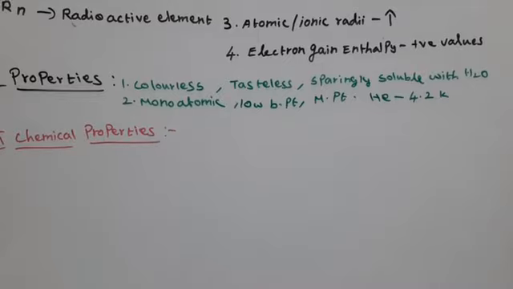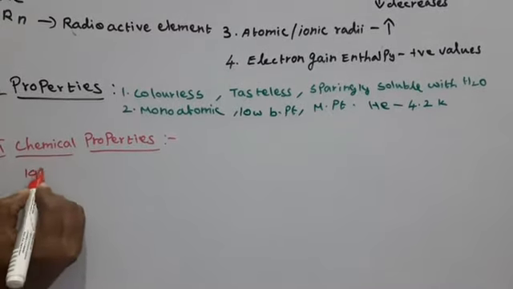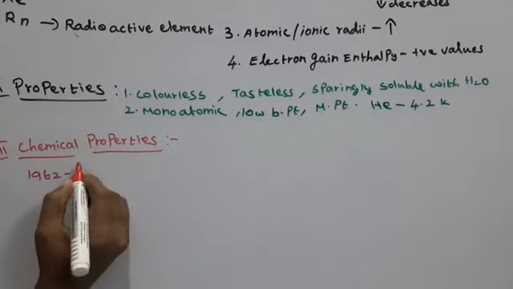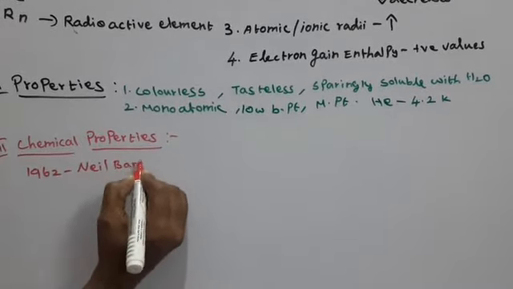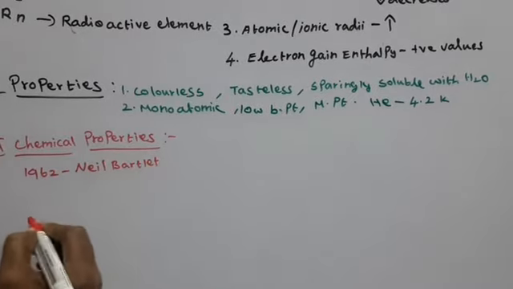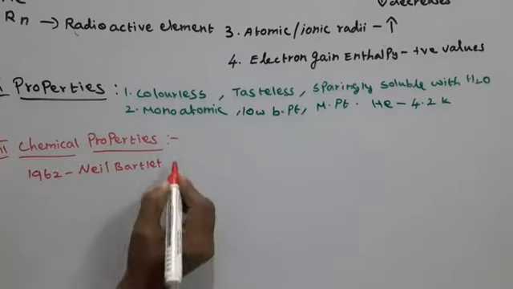But at one stage, one of the scientists, in the year 1962, whose name is Neil Bartlett, found or prepared one red color compound.